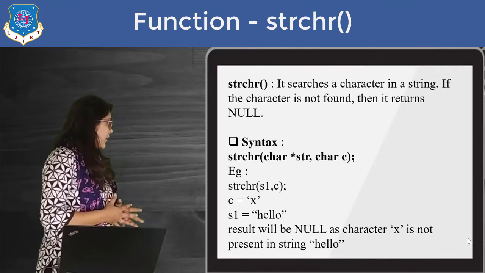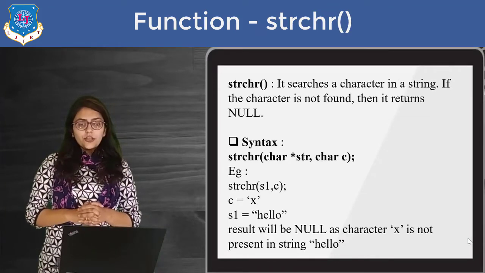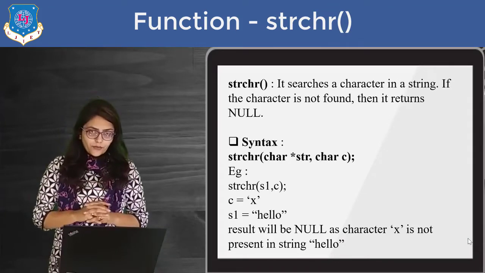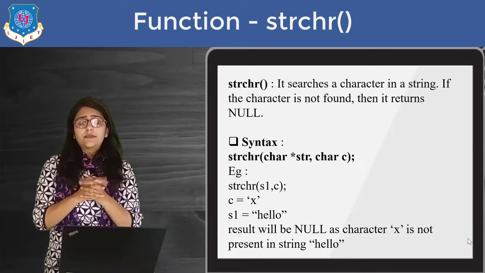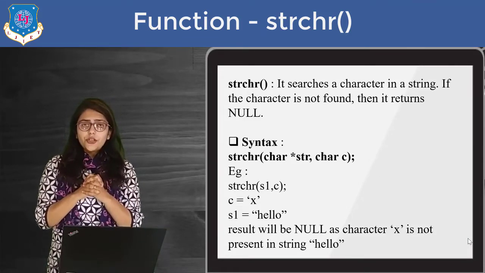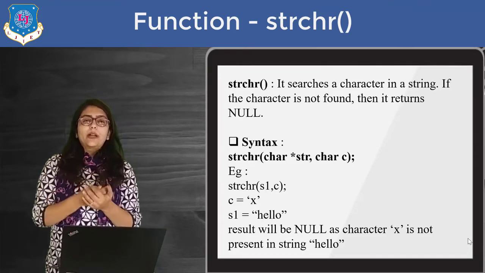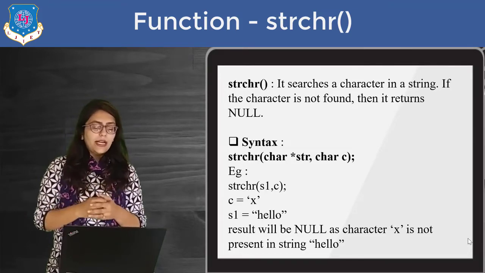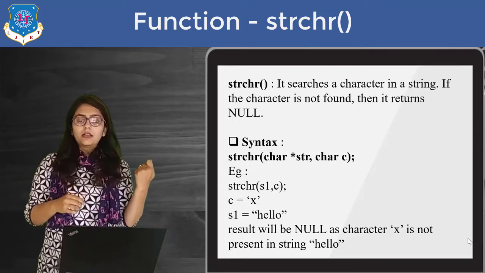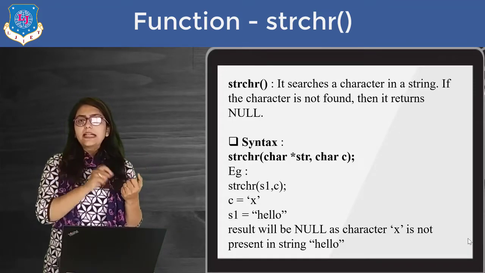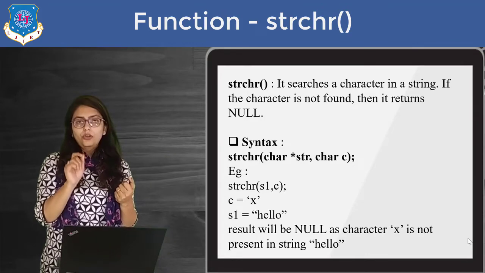Now the second last function is all about strchr, which is the string character function. What does this function do? This function will take one string value from the user and one character from the user, and it will check whether this string contains that character entered by the user or not.